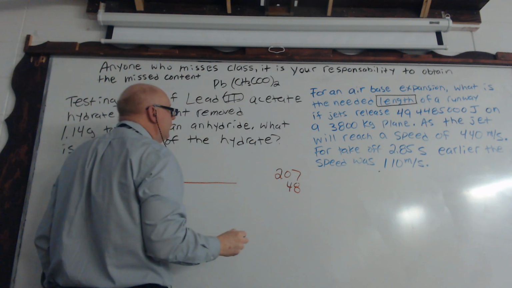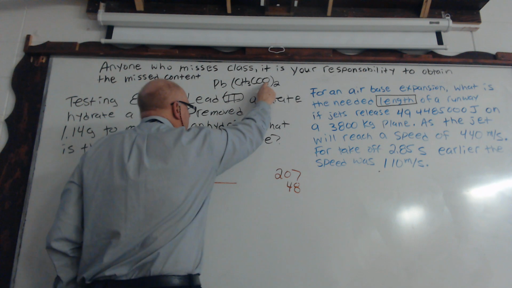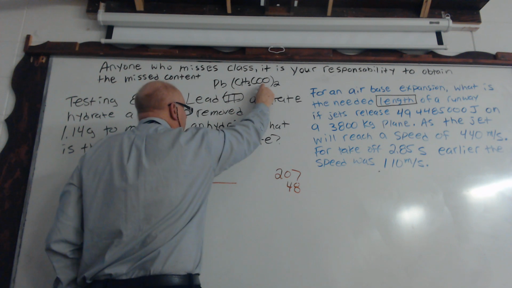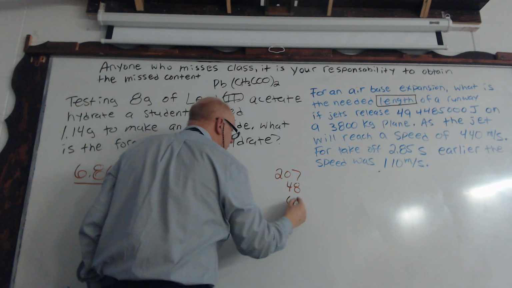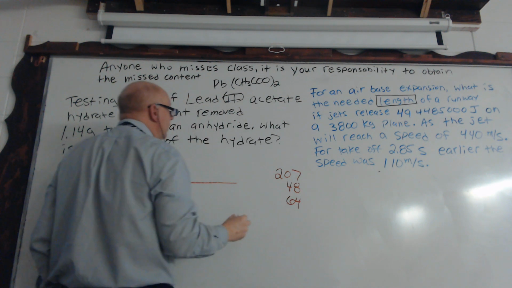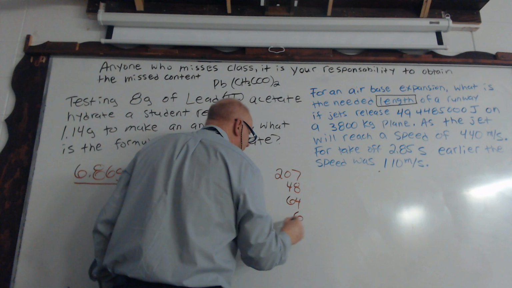And then we have 4 oxygens, times 16 would give you 64, and then we've got 6 of those hydrogens.